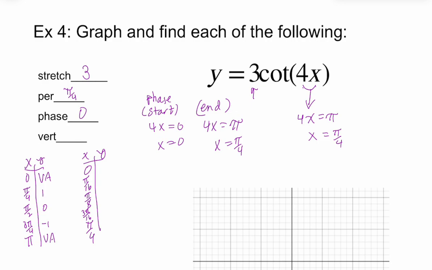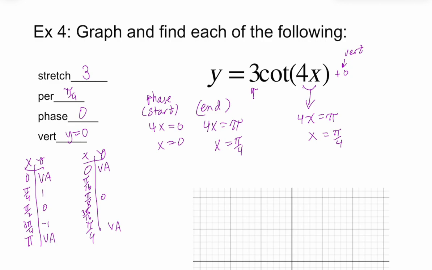Let's talk about our y values for a cotangent. The vertical asymptotes are always in the first and last spots for a cotangent. This graph has no vertical shift. So the middle is at 0. So this spot is on the middle, so it is at 0.